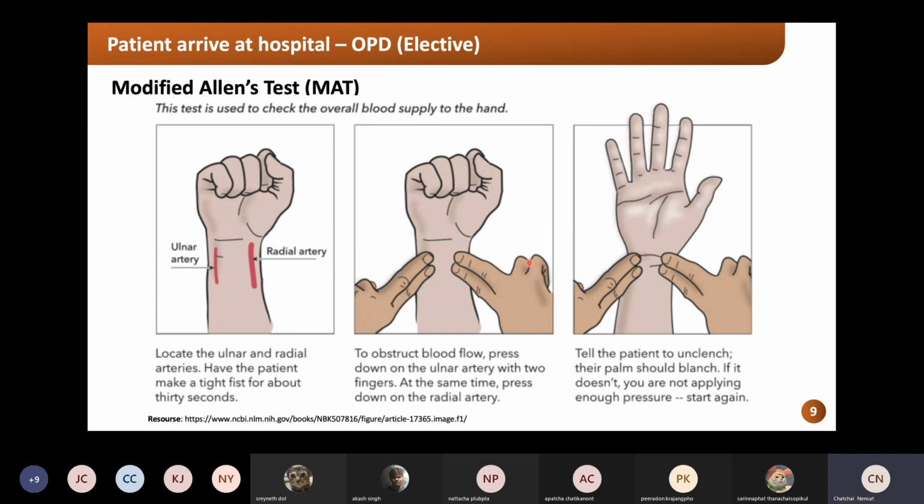Then you tell the patient to unclench their palm, and you will see the palm looks pale, not red and warm, because we occlude the perfusion to the peripheral part of the hand and fingers.